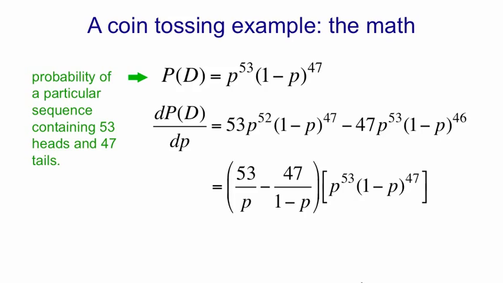If we now ask, how does the probability of observing that data depend on p, we can differentiate with respect to p, and we get the expression shown here. And if we then set that derivative to 0, we discover that the probability of the data is maximized by setting p to be 0.53. So that's maximum likelihood.